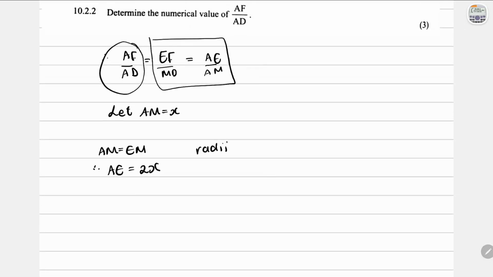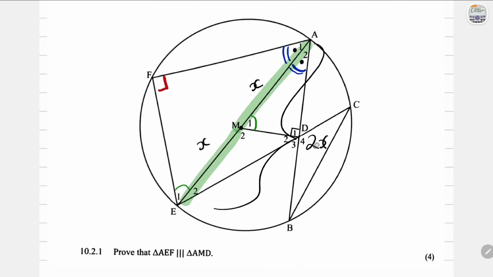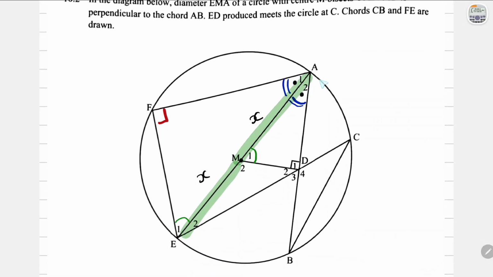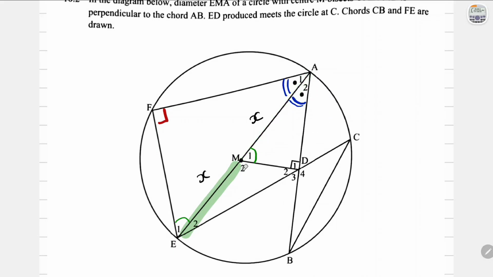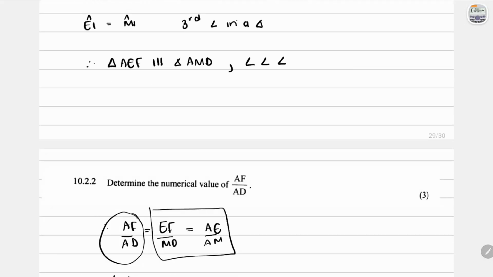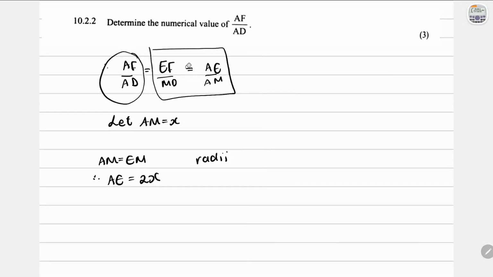Here's why this line is very helpful. We were looking at this side AM and that side AE, which were part of the two similar triangles that we have. And we now have letters associated with their lengths. What we can do is use that here. Instead of using these two, we can just use this instead.